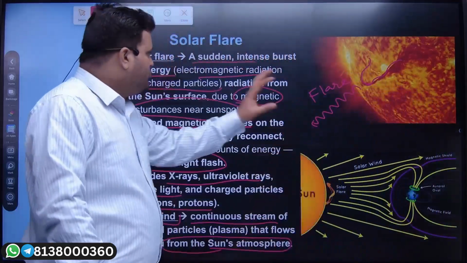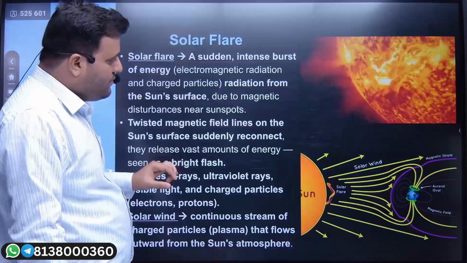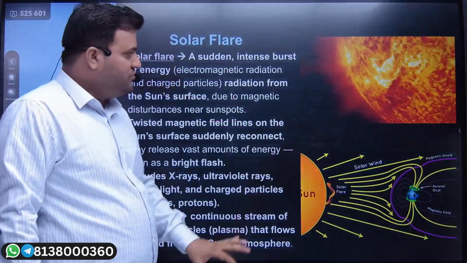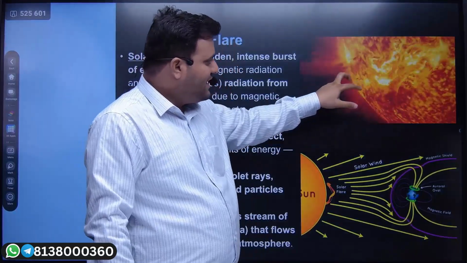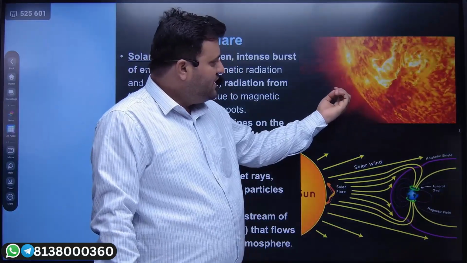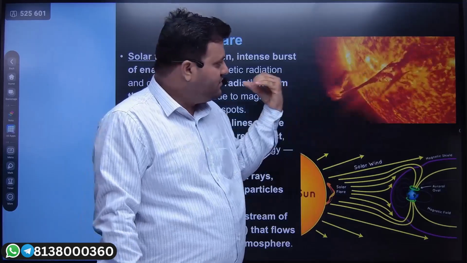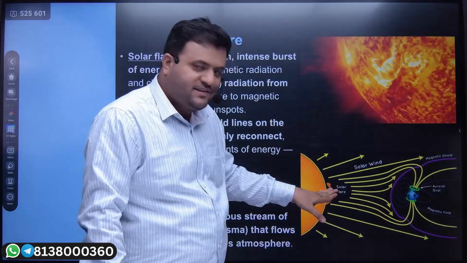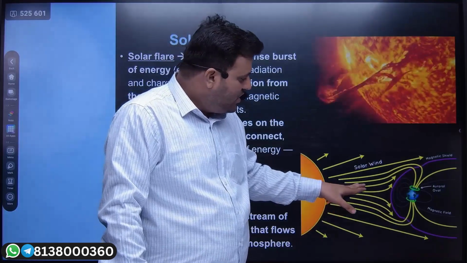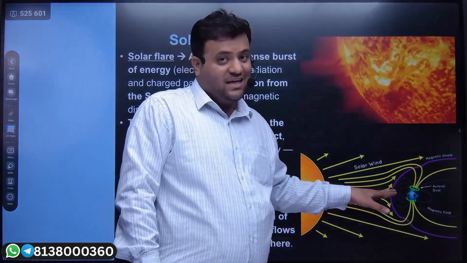So when it comes to Earth's atmosphere, here you can see this is the sunspot, and when we have two magnetic lines, here you can see the charged streams of particles. This is what is known as solar flare. This is how the solar flare occurs, and it will move towards the Earth, or the atmosphere.